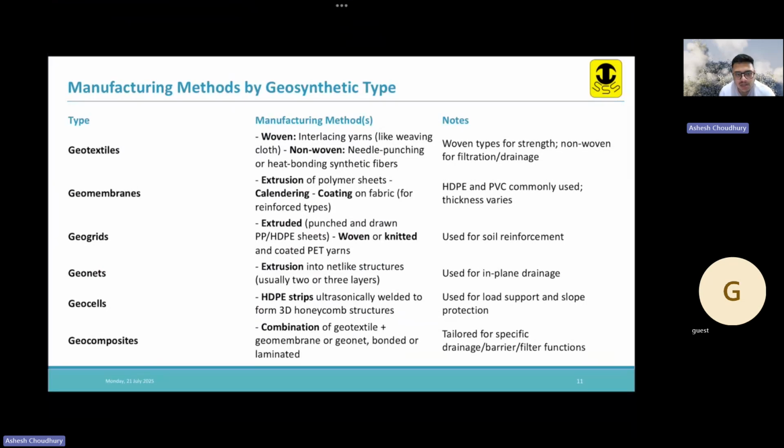Then you have geogrids. Geogrids are also of two types: extruded, and woven or knitted. Woven or knitted you can already understand; similar to geotextiles, these grids are woven. One more type is the extruded. Extruded means you have a sheet of plastic, then you punch it, so you get this grid-like structure.